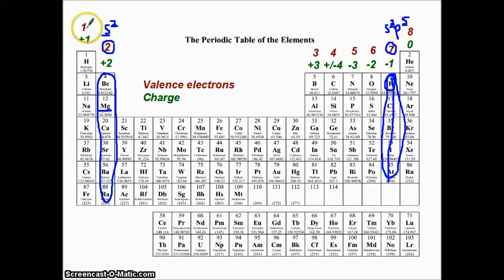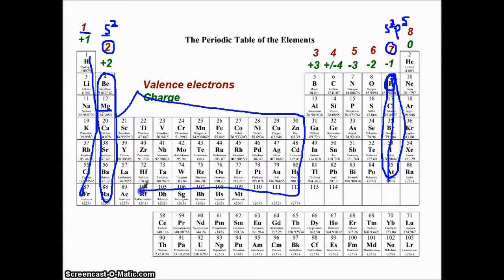We can see this pattern on the majority of the periodic table, where the first group, group 1, is going to have 1 valence electron. Second group, 2 valence electrons. We're going to skip the d block, because the transition metals have a variance of valence electrons.